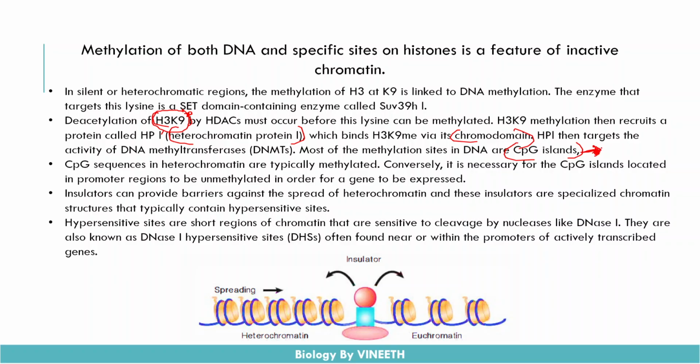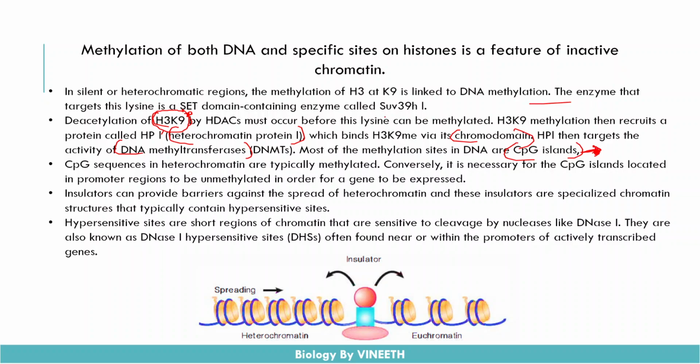The methyl groups on the cytosine nucleotides are transferred by DNA methyltransferases onto the cytosines in the CpG islands, which makes the chromatin be in the heterochromatin state.